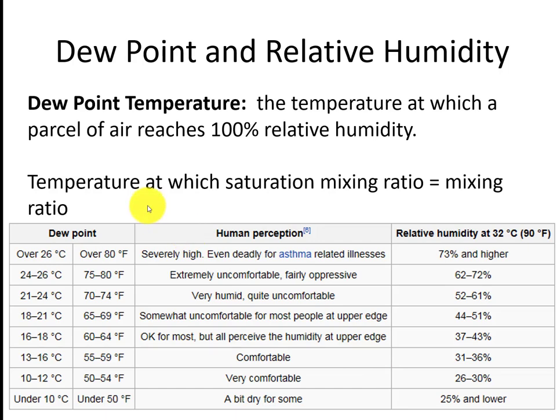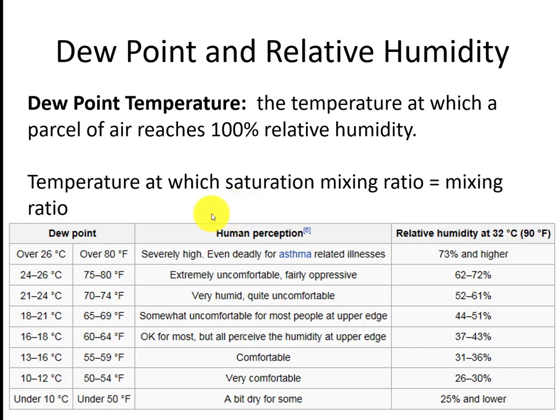So dew point temperature, again, is the temperature at which a parcel of air reaches 100% relative humidity. The temperature at which the saturation mixing ratio equals the mixing ratio. As well, it's the temperature where the actual water content equals the capacity of the air to hold that water.